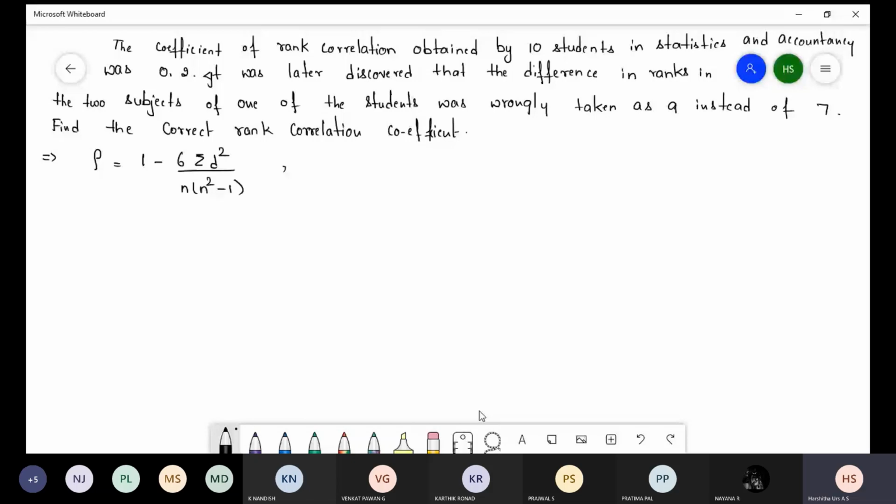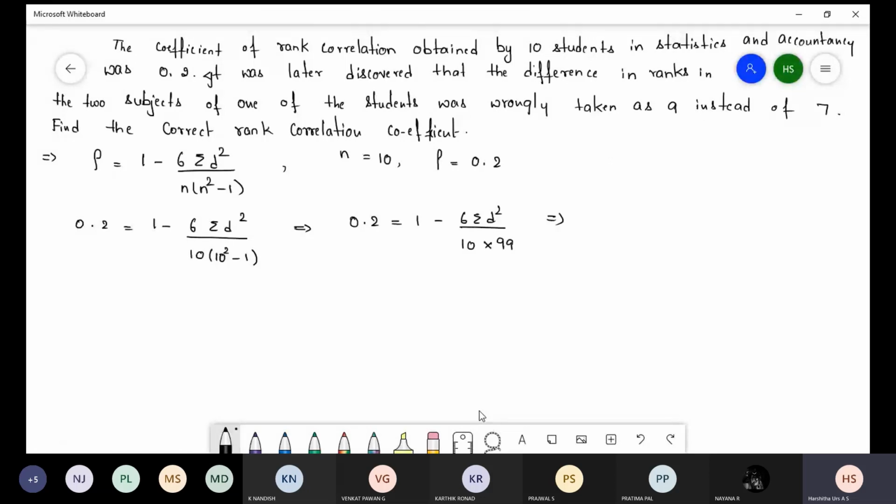Now, substitute the values. 0.2 is equal to 1 minus 6 into sum of d square divided by 10 into 10 square minus 1. That implies 0.2 is equal to 1 minus 6 into sum of d square divided by 10 into 99.